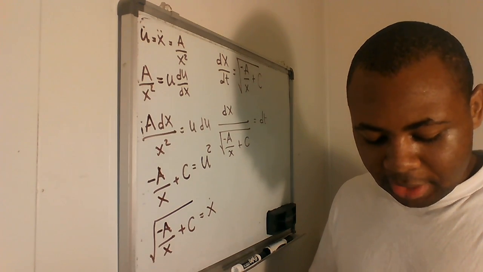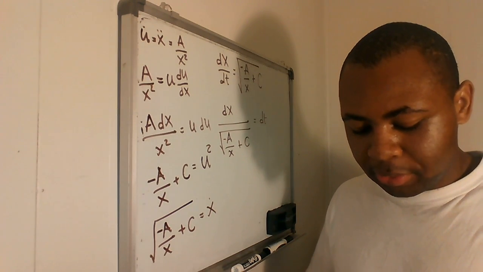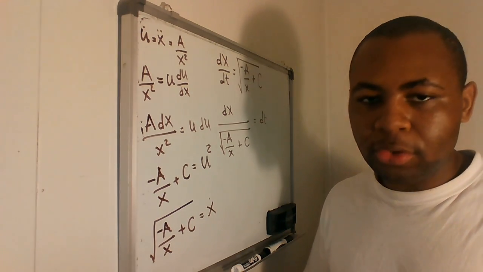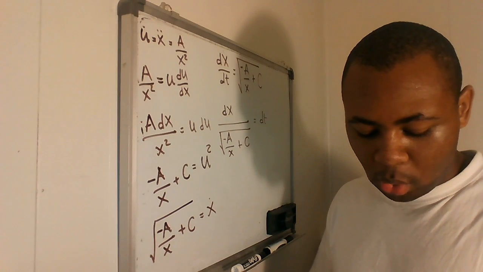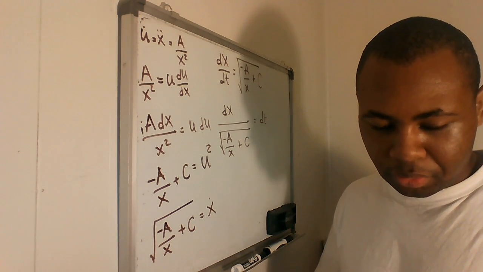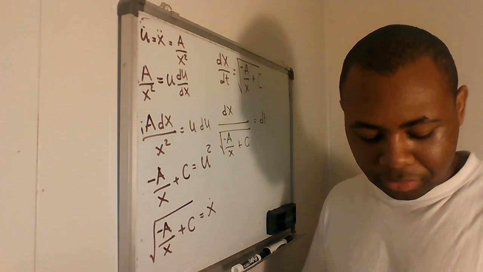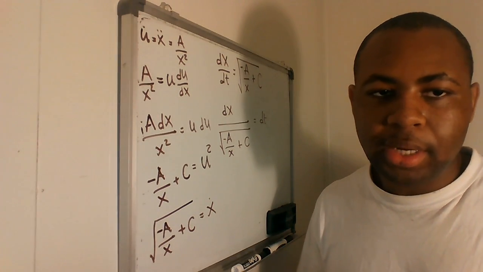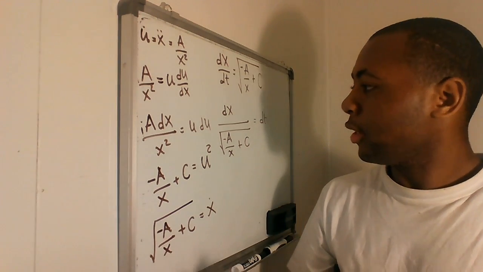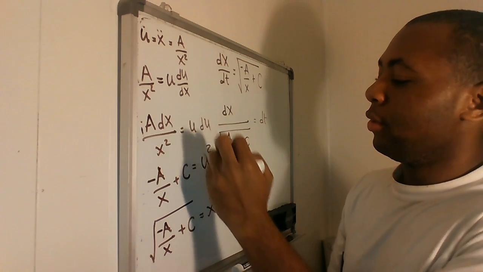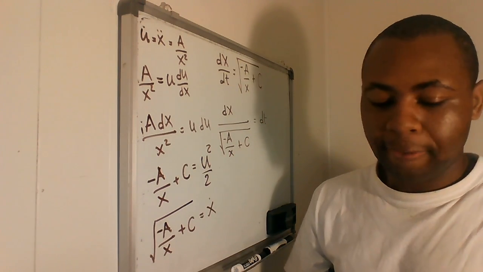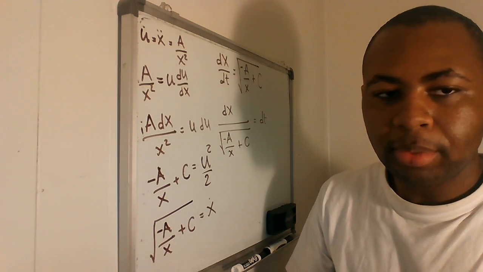Because the mistake that I made in my notes was I said it was separable, but then I said that u times du was natural log of u, and that's not true. U du is not natural log of u. Lovely, Robert, lovely. Actually, and then there's a 1/2 here, isn't there? Yep, there's a 1/2.